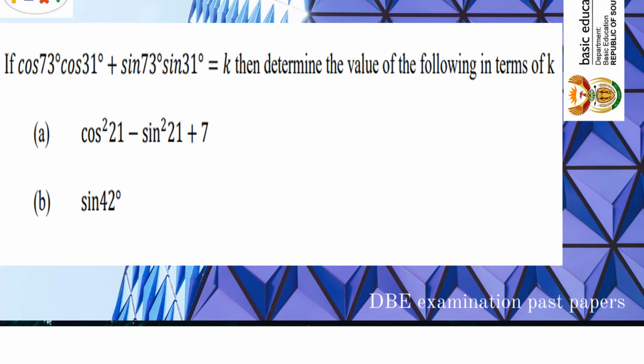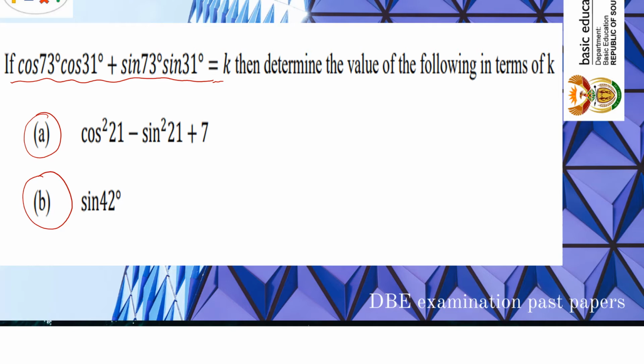Very important statement. So we are basically going to determine these two expressions in terms of k, given that k is equal to this big equation here. Okay, so how do we do this?